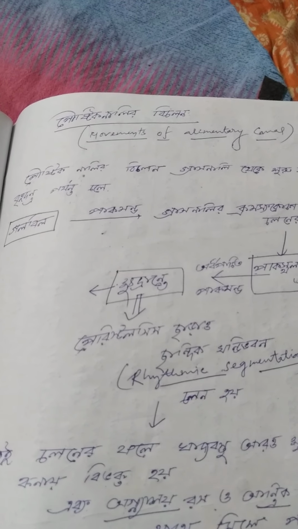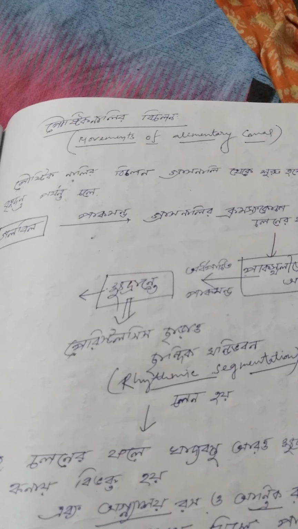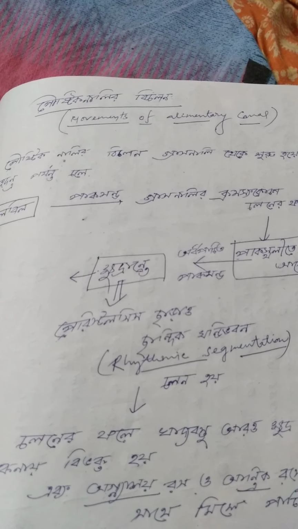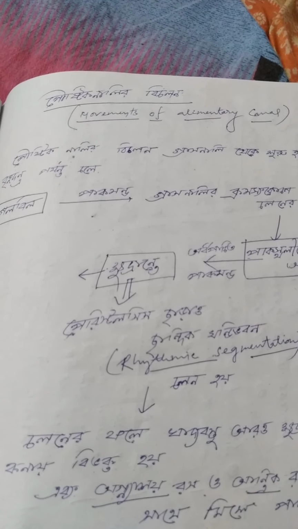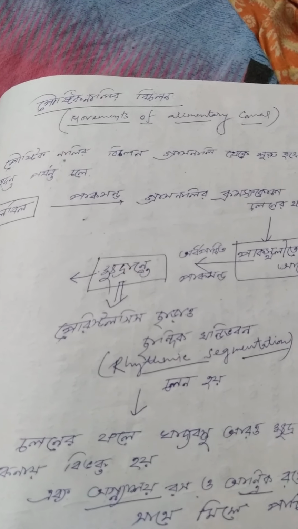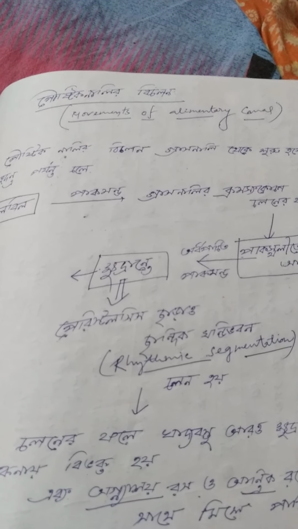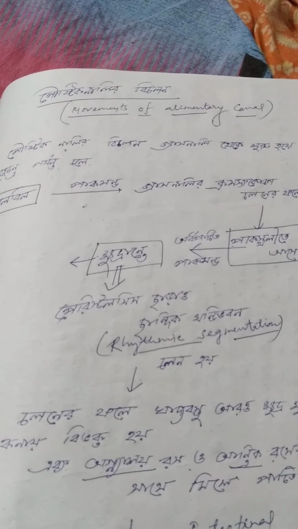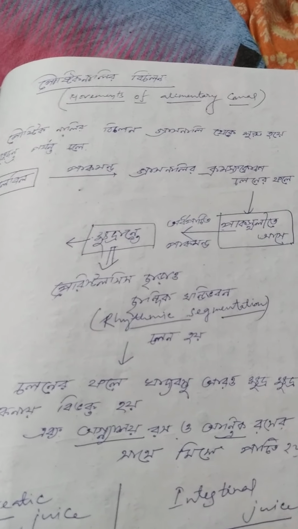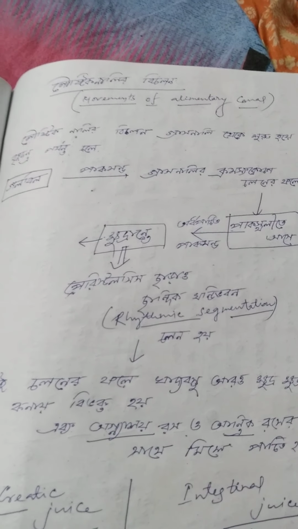And then the food bolus goes from the stomach to the intestine, and there we find rhythmic segmentation, because as there is a segmented system in the small intestine, rhythmic segmentation occurs in the small intestine. After that, the pancreatic juices and intestinal juices are mixed with food.